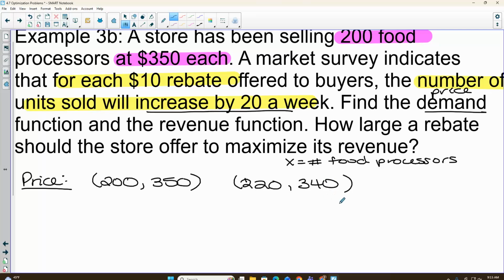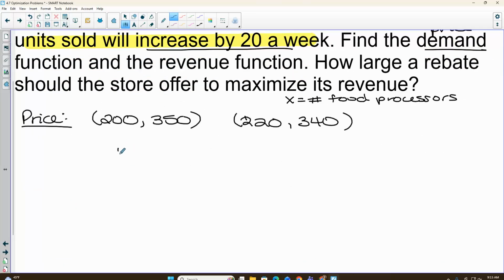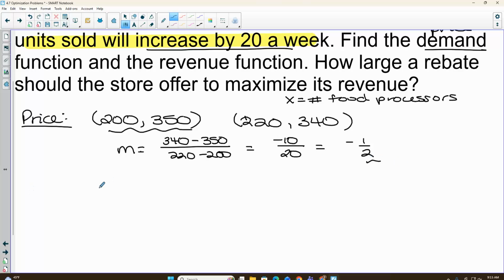Alright, now I have 2 points, so we can get a slope. y2 minus y1 over x2 minus x1. Negative 10 over 20, negative 1/2. Plug into y equals mx plus b, so I'll just use the first point on my slope.